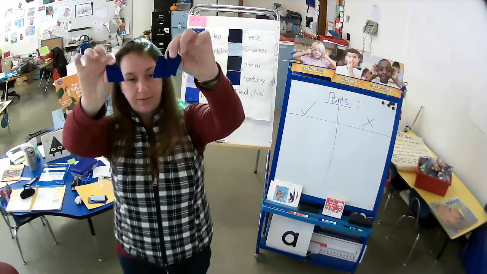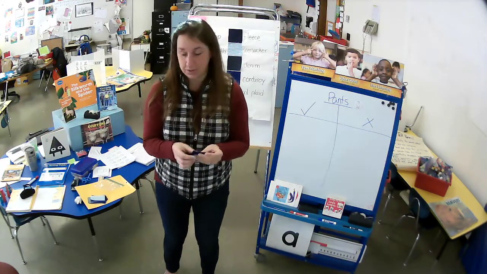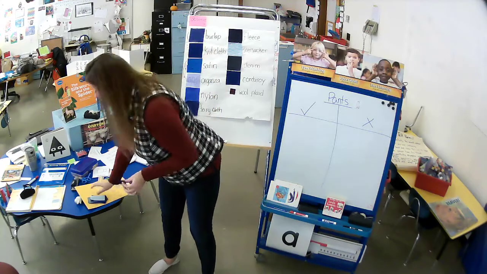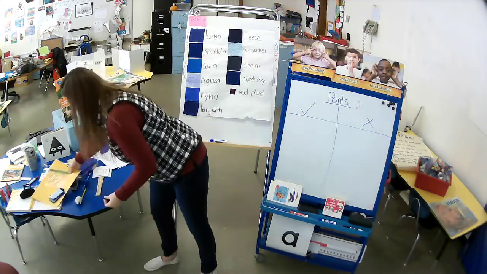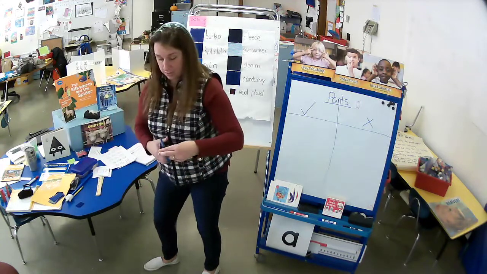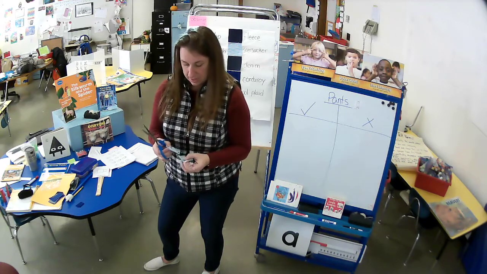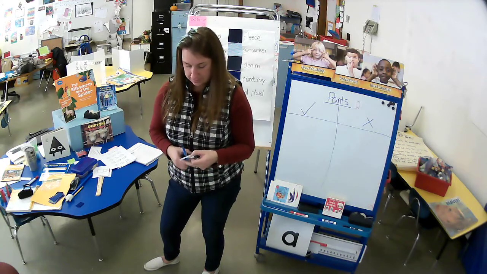After you have cut your fabrics in thirds, leave them in a pile together. So I'm going to go ahead and do that, and you go ahead and pause the video and cut your pieces in thirds.